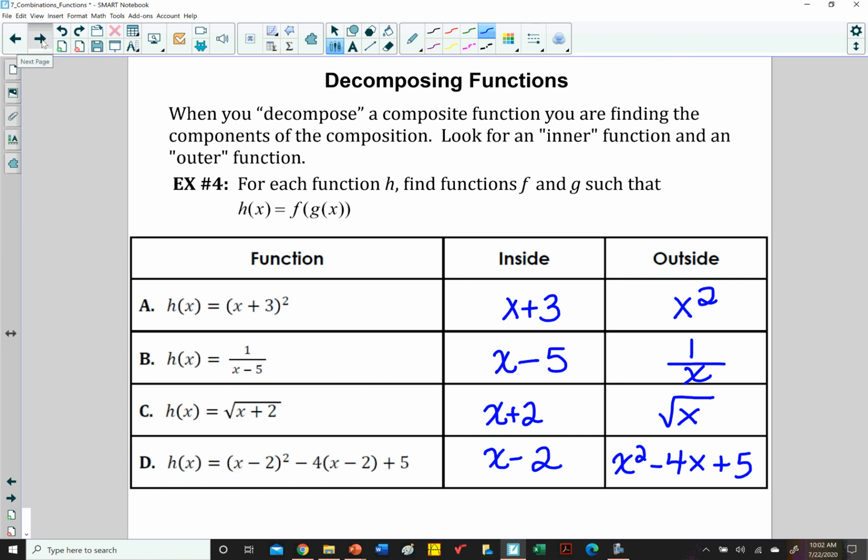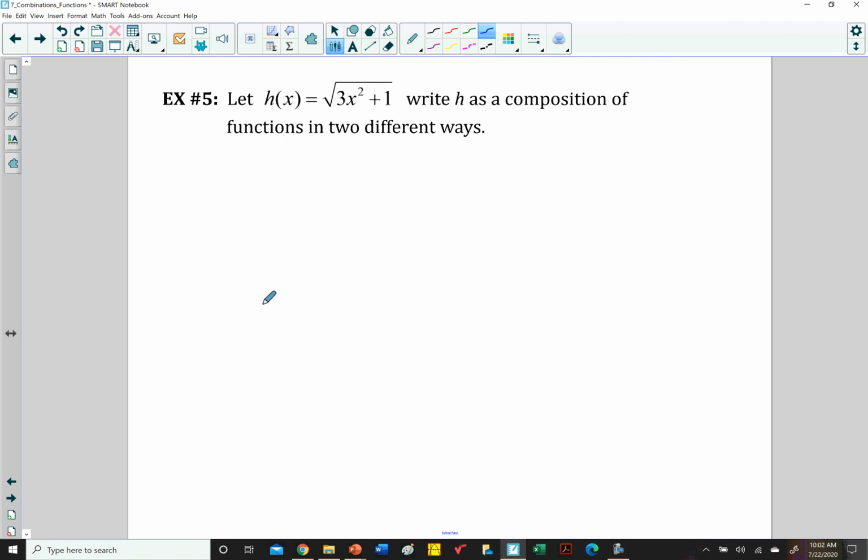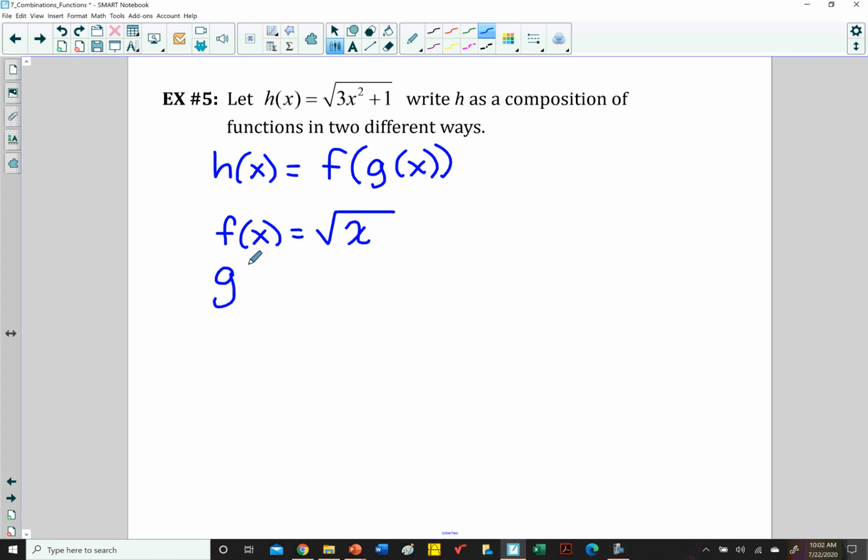So here's one for you to try. If you have h of x is the square root of 3x squared plus 1, can you write h as a composition of functions in 2 different ways? So what I'm asking you to do is, how can you see an outside function and then you substituted another function on the inside? So one way is to see that the outside function is the square root of x, and the inside function is 3x squared plus 1.